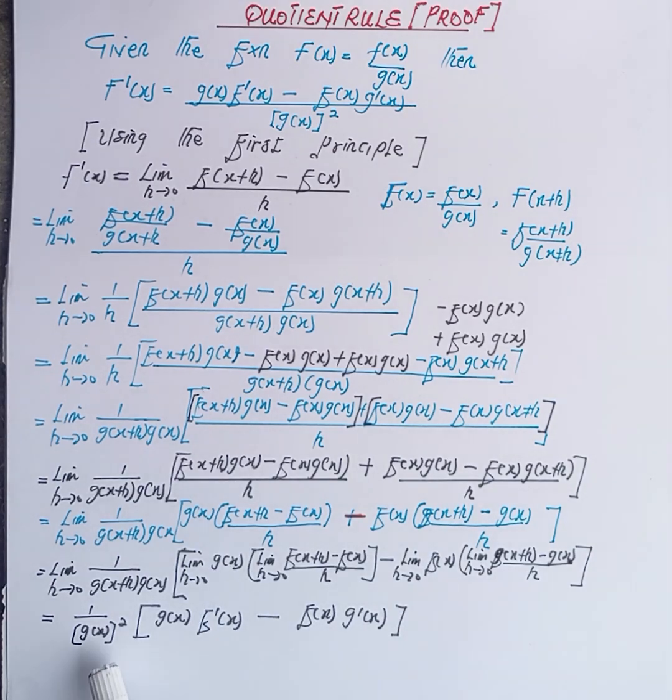Now we have 1 over g at x all squared. Now let's expand and then see what we are going to get. So it means 1 will multiply the whole of this one here, all over g at x squared. So let's rewrite it.